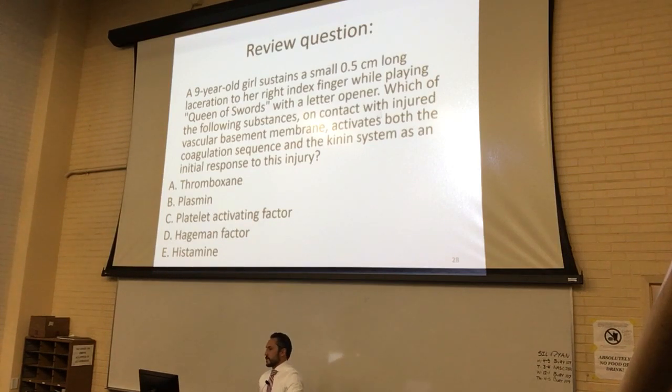Okay. A 9-year-old girl sustains a small, half-centimeter-long laceration to her right index finger while playing Queen of Swords with a letter opener. Which of the following substances on contact with an injured vascular basement membrane activates both the coagulation sequence and the kinin system as the initial response to this injury?